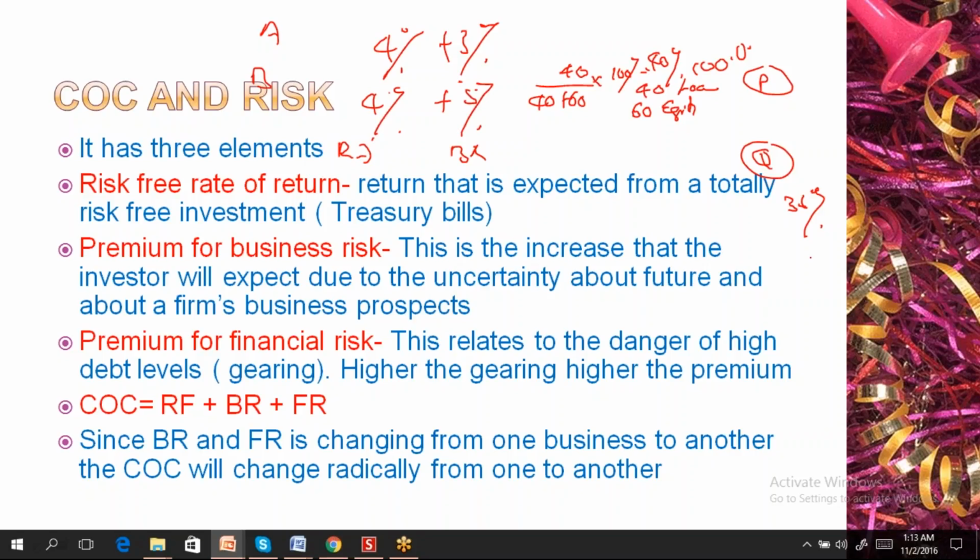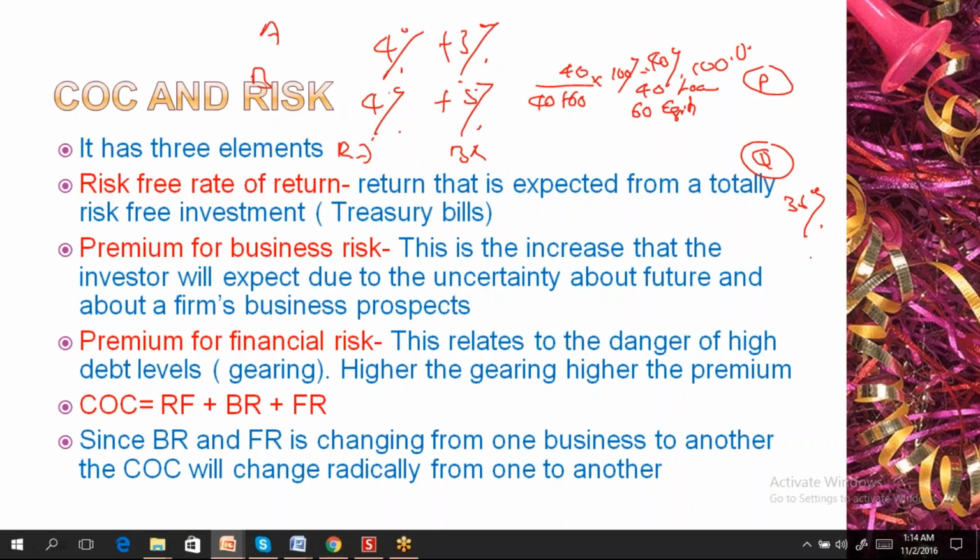Why do you think company Q is more risky? Yes, because in company Q you have less outsiders' funds. Okay, good. That means your cost of capital is going to be high in company P. Good. Because you have to pay a premium for business risk.